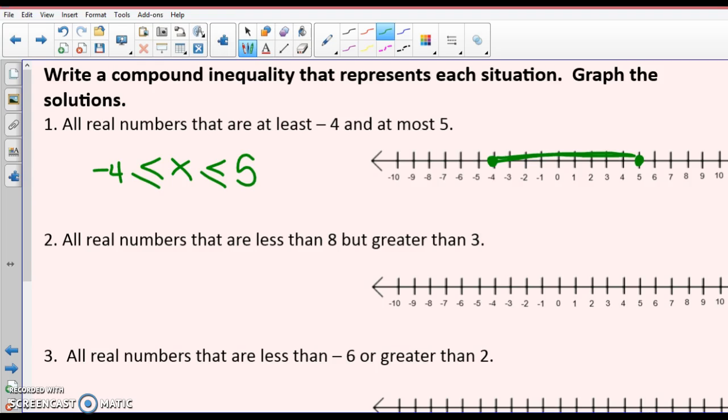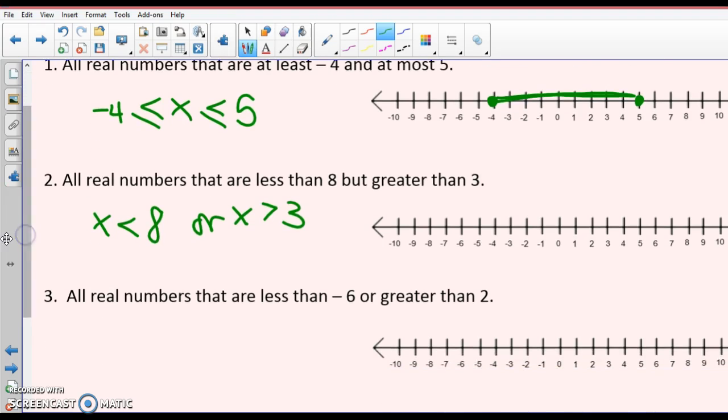All real numbers that are less than 8, X is less than 8, but greater than 3. That's an "or" statement because it's not possible to be... oh yeah, I'm sorry.